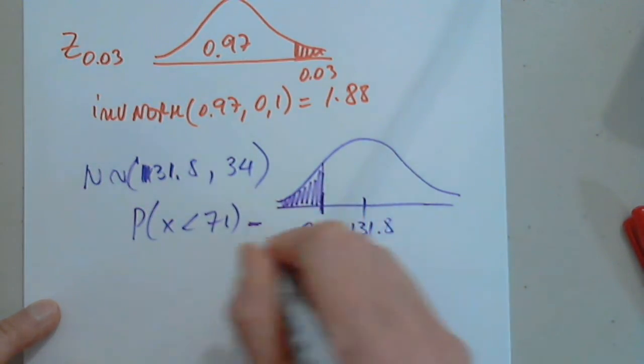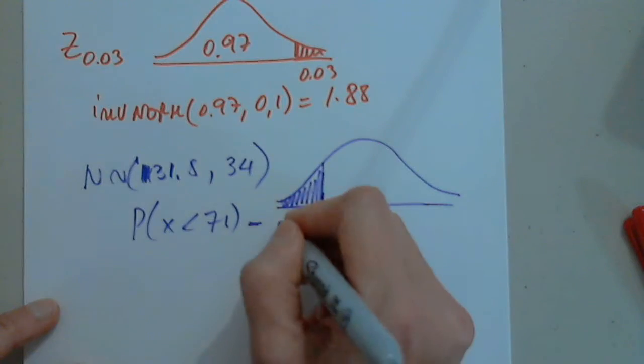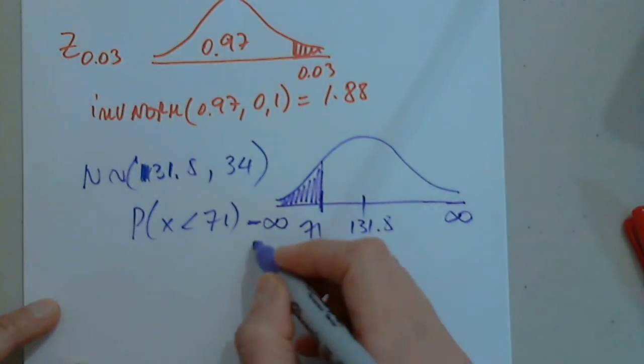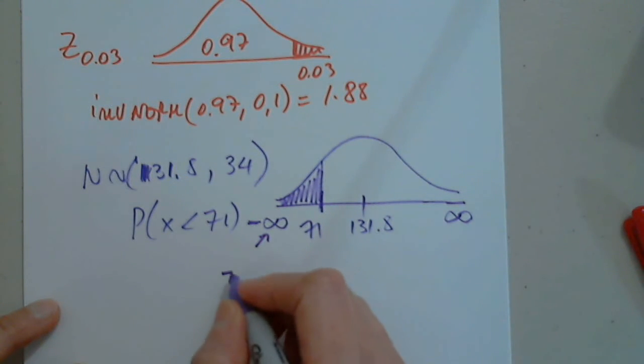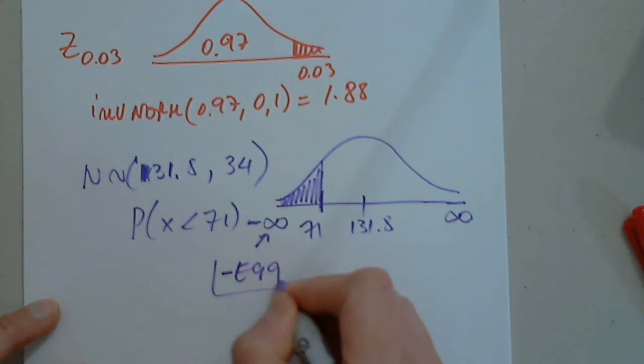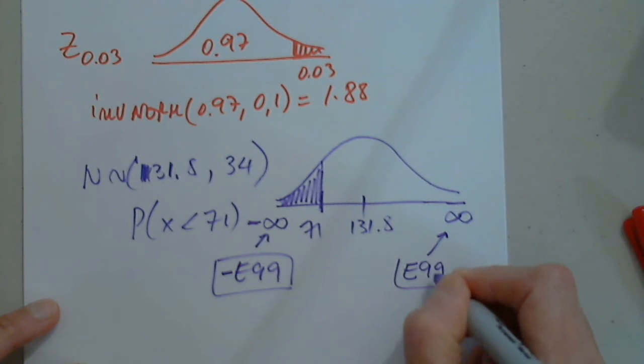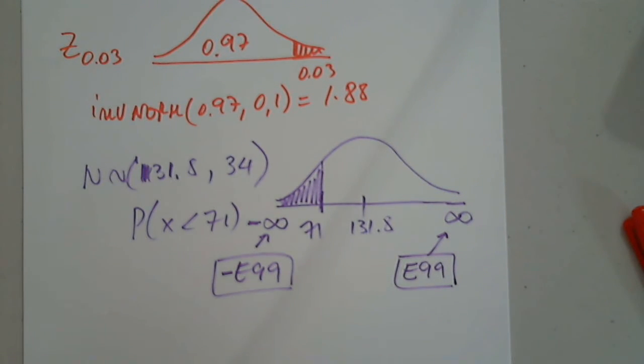The way we enter the area, of course you can use StatCrunch, but this is between negative infinity and infinity. Negative infinity is entered with a negative E99 in the calculator, and positive infinity is entered with E99 in the graphing calculator. I'll show you how to do that if you're using a calculator. It's okay if you just write this.